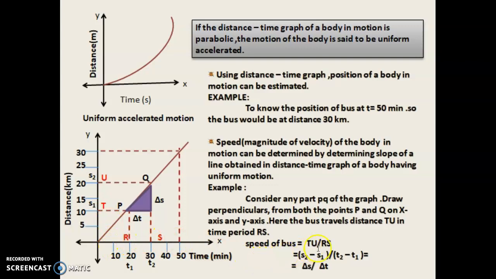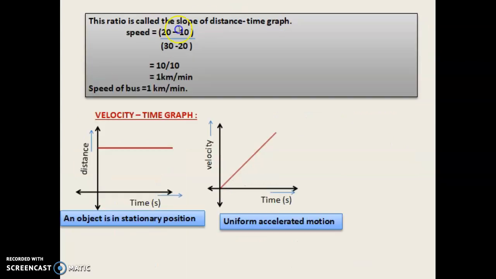So the speed of the bus is equal to TU upon RS. TU is S2 minus S1 and RS is T2 minus T1. So we can call this del S upon del T. This ratio is called the slope of the distance time graph.